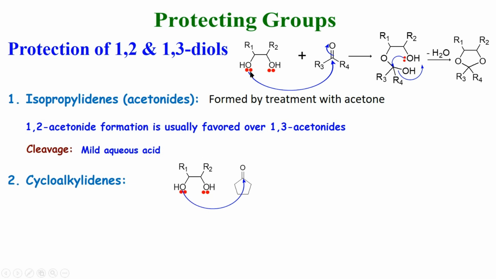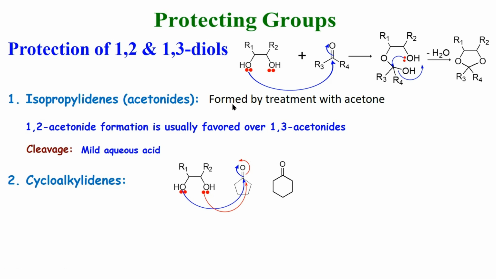Similar to the formation of acetonide, the OH group lone pair of electrons forms a bond with the carbonyl carbon, making the pi electrons move on to the oxygen, which becomes OH. And another OH group oxygen lone pair of electrons attacks on the carbon and OH gets kicked off as water molecule.